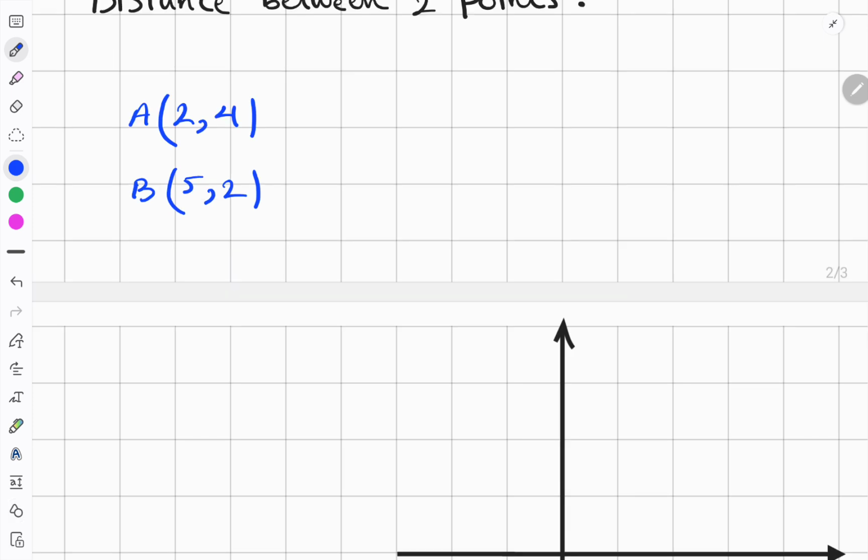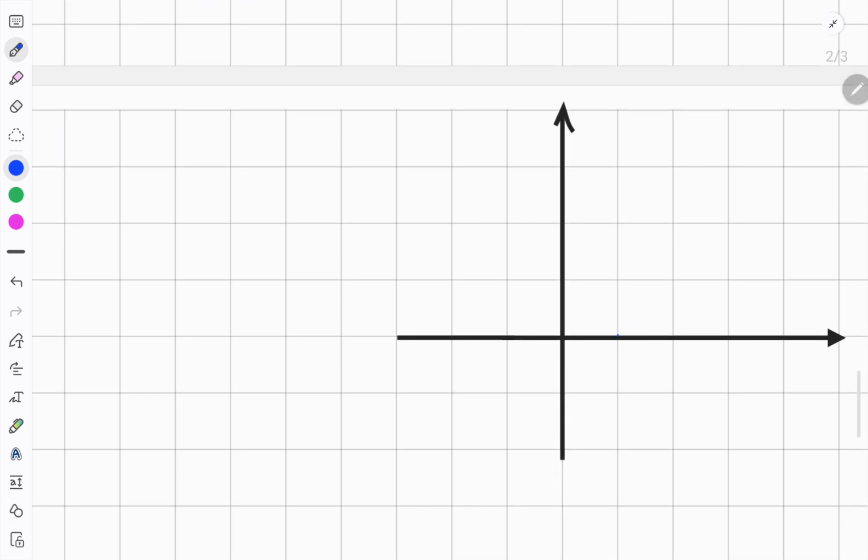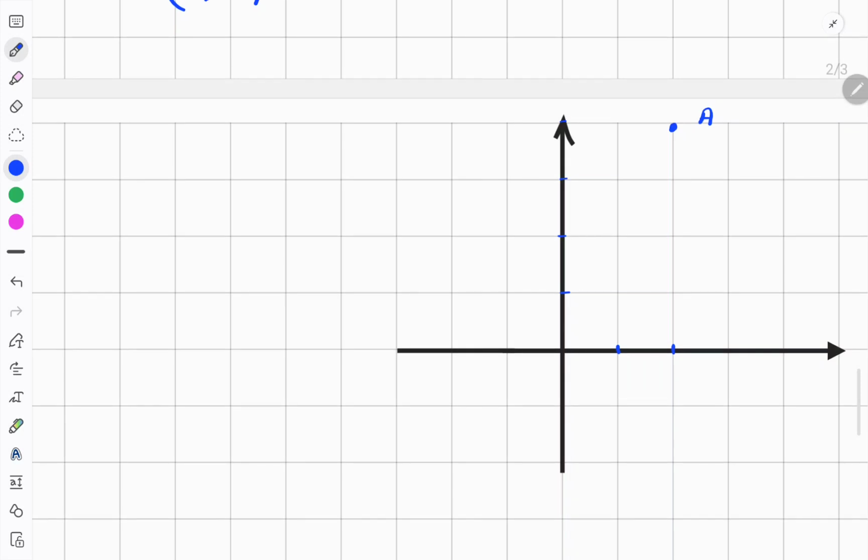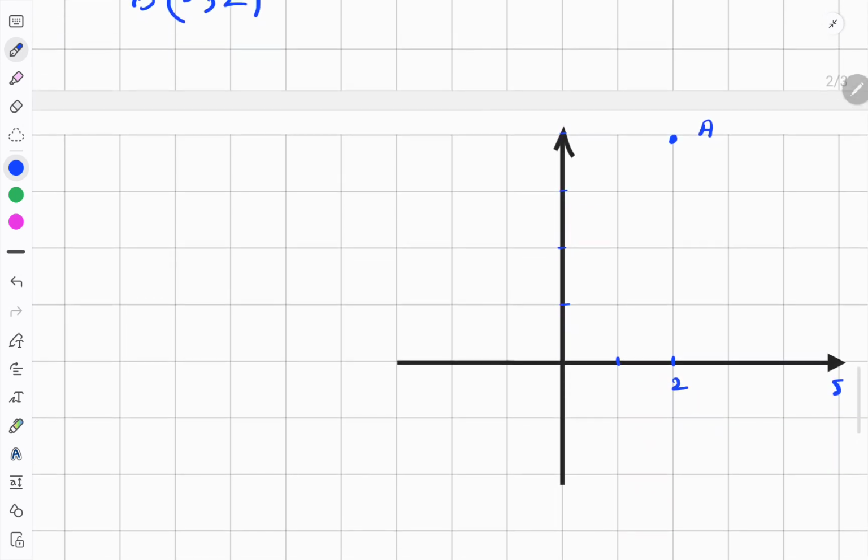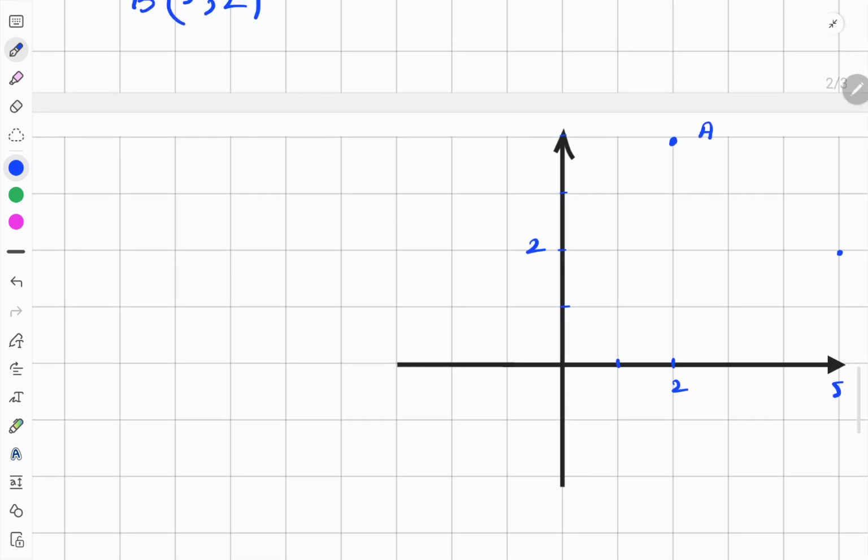A is positive 2, 2 steps to the right, and positive 4, 4 steps up. So point A is here, and then point B is (5, 2): 2, 3, 4, 5 here, and 2. And this is point B, and we can join points A and B by a straight line segment.